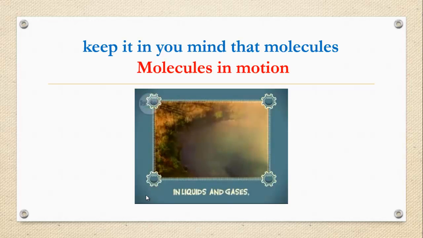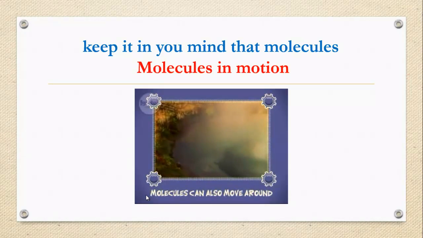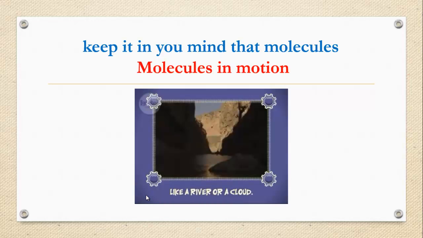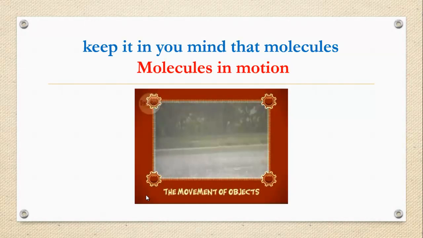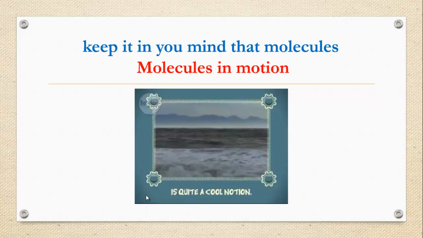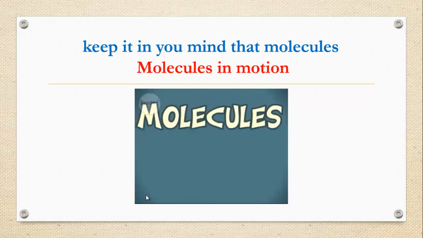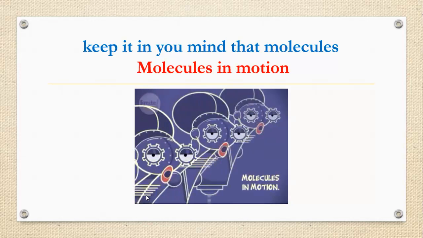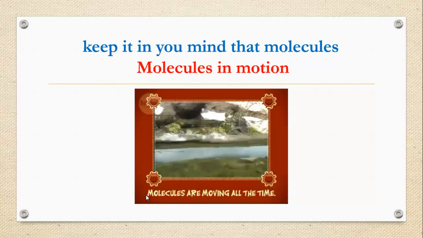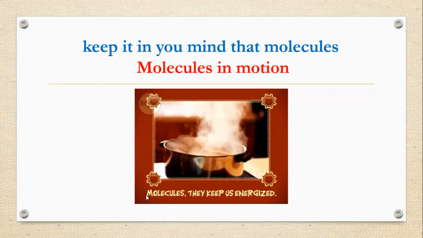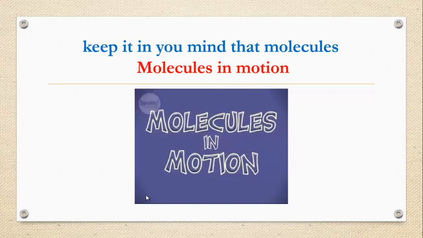In liquids and gases, molecules can also move around from region to region like a river or a cloud. The movement of objects is quite a cool notion. It's kinetic energy. Come on. Molecules are moving all the time. Molecules that keep us energized.